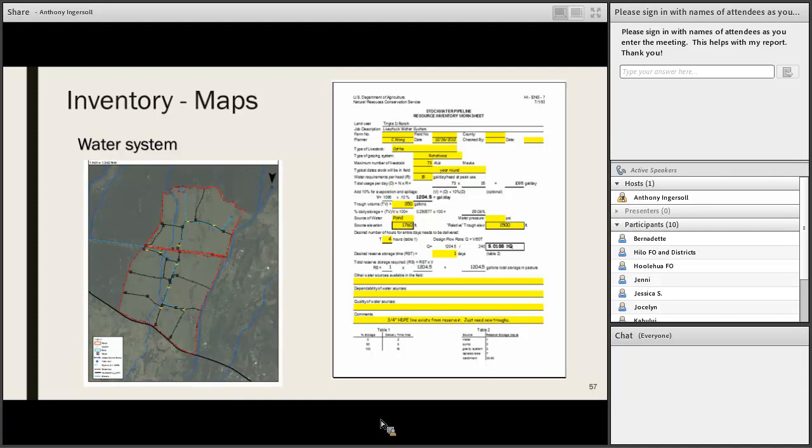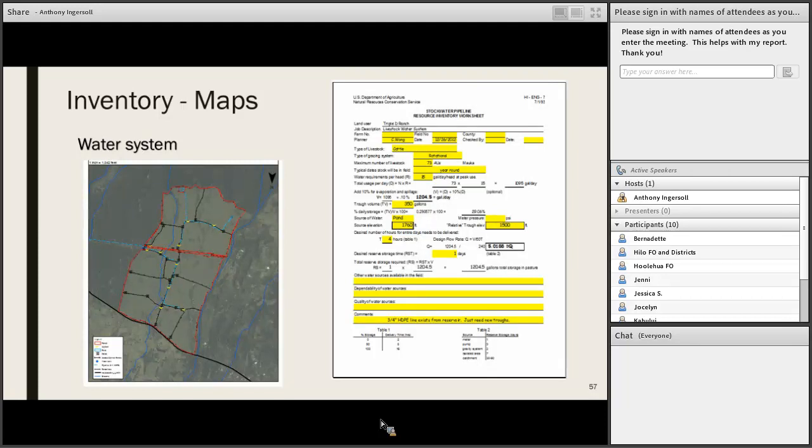So this is a tool that you can use to document what's out there existing and see if it's going to be adequate. You can also use this for evaluating different alternatives that you're coming up with the producer. And then finally, you're going to use this to document the capacity of your design work to make sure that you're meeting the recharge rate, basically.